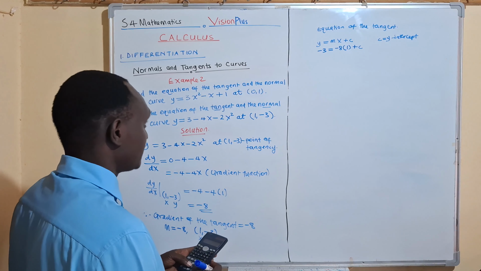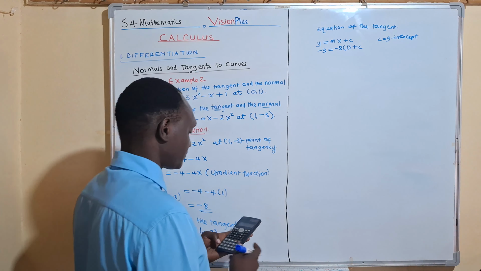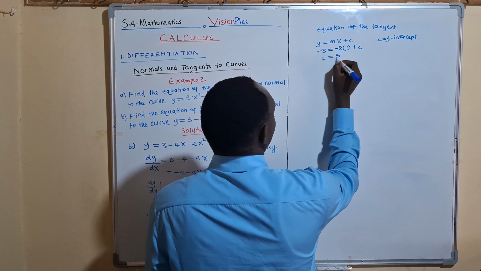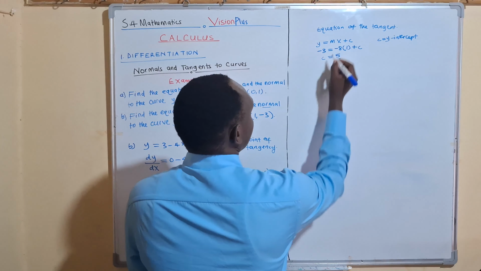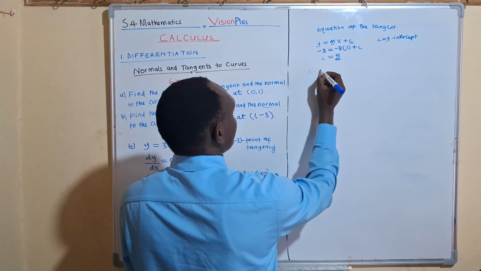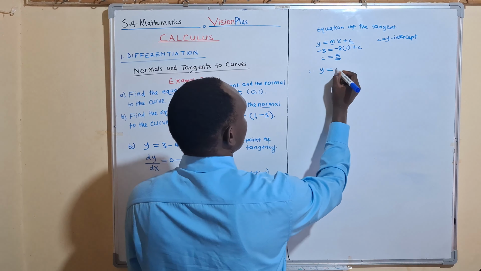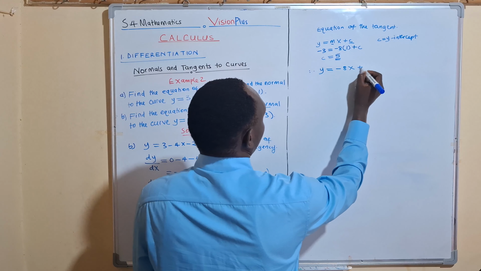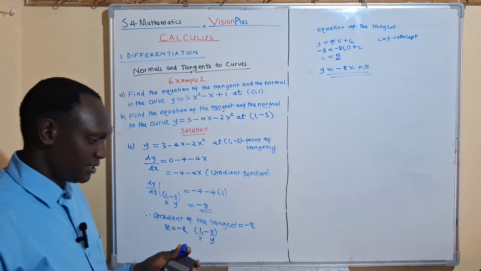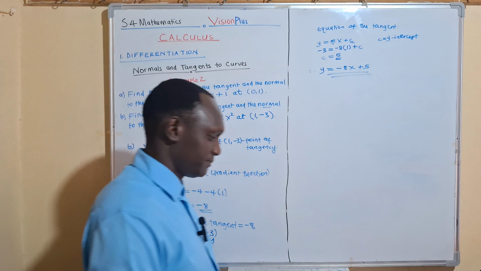So, negative 3 minus that answer, so c equals 5. After getting c, you substitute for m and c to get the equation of the line, which is the equation of the tangent. Therefore, y equals negative 8x plus 5. This is now the equation of the tangent to the curve at that given point.